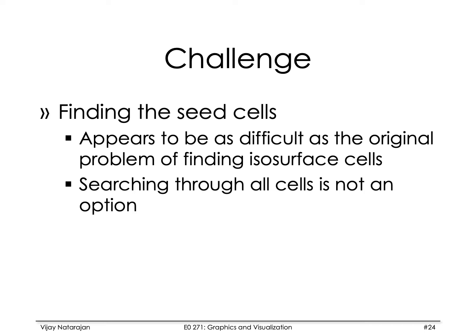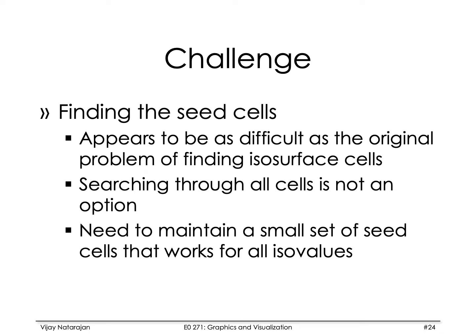Of course, this is not an option. So somehow we need to maintain a small set of seed cells, one that works for all iso values. The question is, is this even possible? For a long time, this was not considered possible, so this contour propagation approach was not even considered.